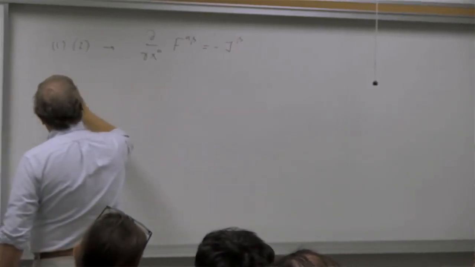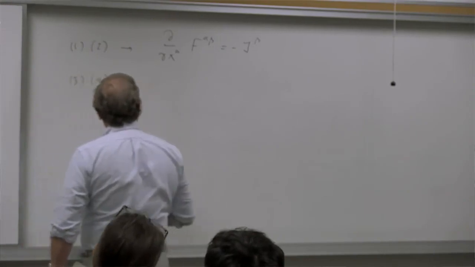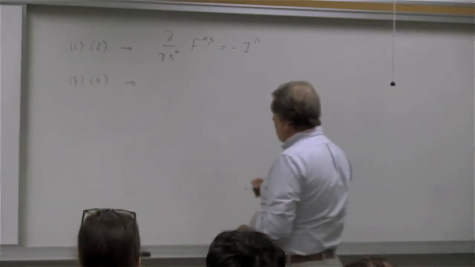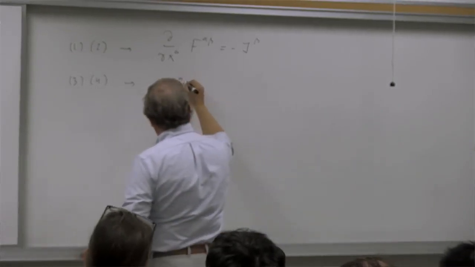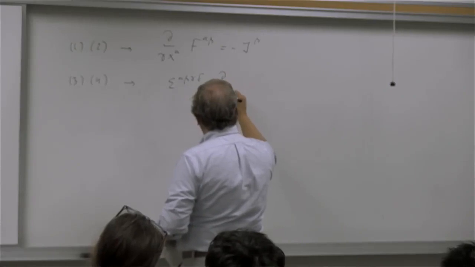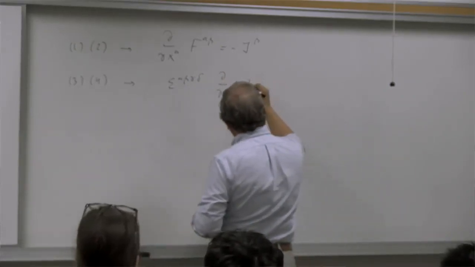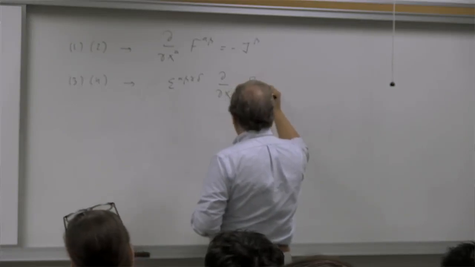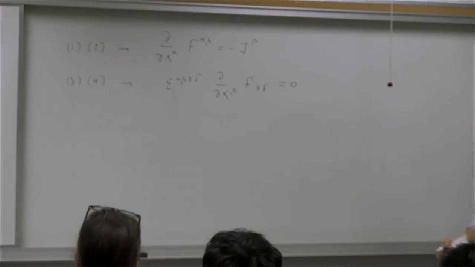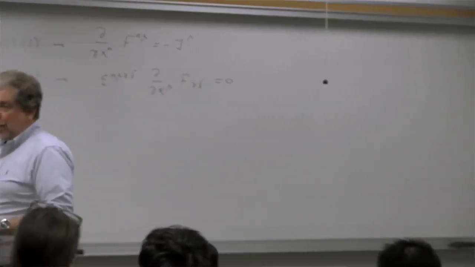And 3 and 4 should give something that is equally simple. And in fact it is, because they give epsilon^{alpha beta gamma delta} d by dx^beta of F_{gamma delta} is equal to 0. Again, I'll leave that as an exercise for you to be convinced that this is indeed the case.